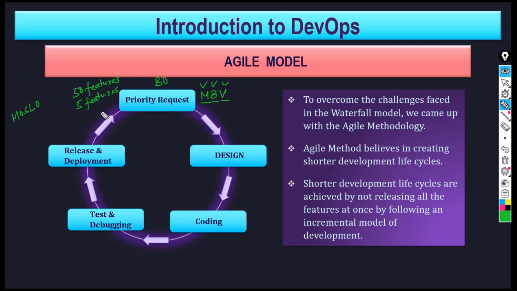So you see, the business owner, meaning the client, is now involved with each and every stage. Every day there will be a stand-up call of 15 minutes with the agile team. Is the project manager there in this agile team?